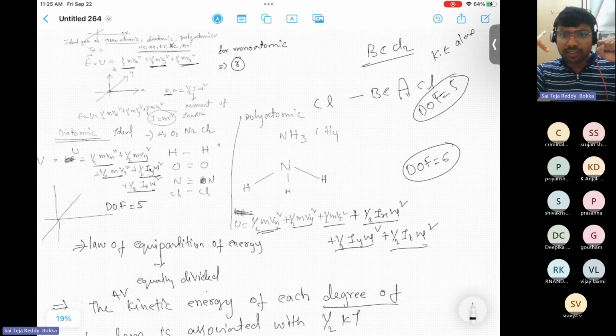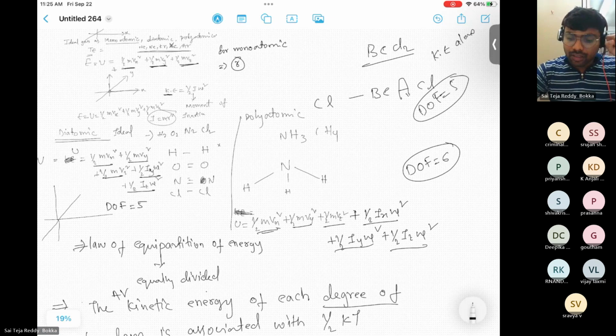So while we are eliminating this, there are only 5 energies now: kinetic energy, linear motion in x, y, z, and spinning through y and z. So for the maximum of cases, this will be true.